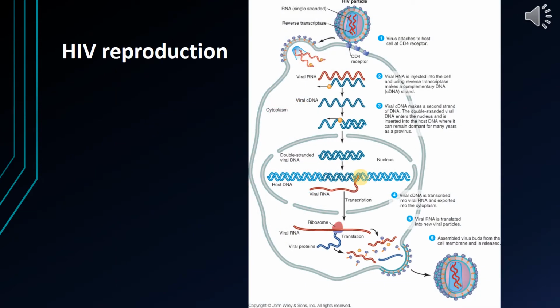Here's how HIV reproduction works. At number 1, the virus attaches to the host cell at the CD4 receptor. So this protein embedded in the plasma membrane of the T cell is actually a type of receptor. The virus then injects its RNA into the cell, and with the aid of reverse transcriptase makes a complementary DNA, or cDNA, strand.